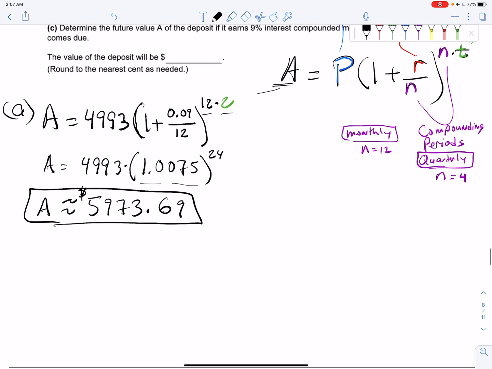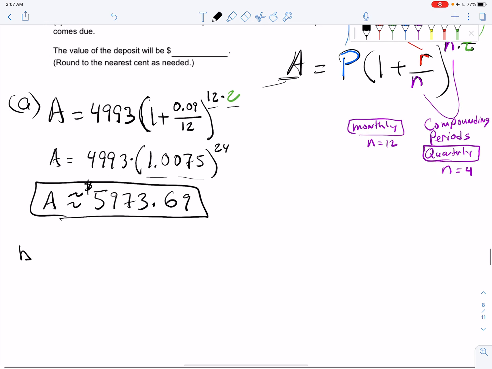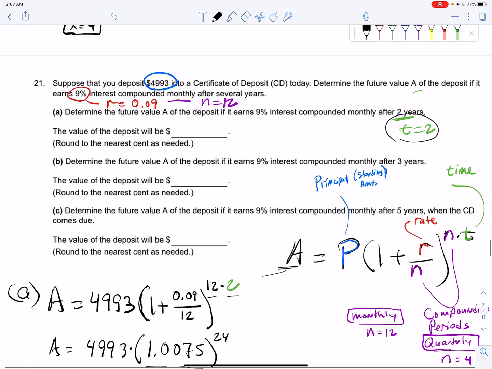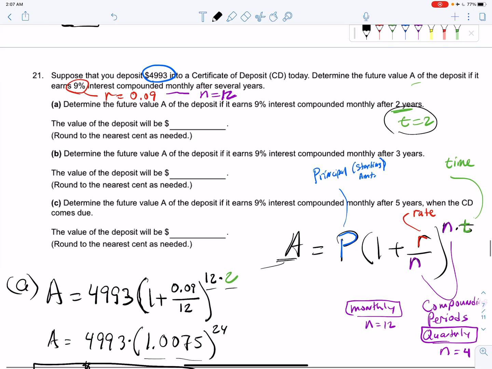Let's do the next one, which is B. Well, B, all they're doing here is they're having the same exact situation each time, but they're trying to see what happens to the money when you compound it. In this case, you're compounding it for 3 years, so T equals 3.